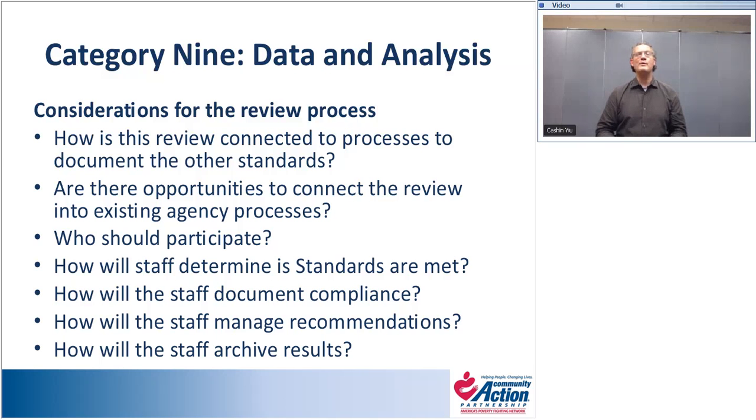But since you're already going through the review process, we strongly suggest that you take that extra time to think about some recommendations to improve how the agency is working around whatever activities are covered by the standards, simply because it's good practice, it's consistent with the ROMA cycle, and it's a way to make sure that you're constantly thinking about how to improve your work as an agency.